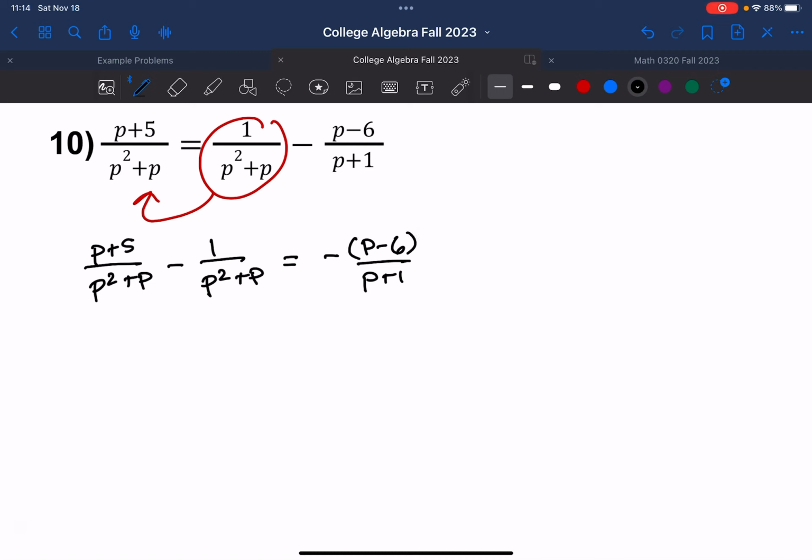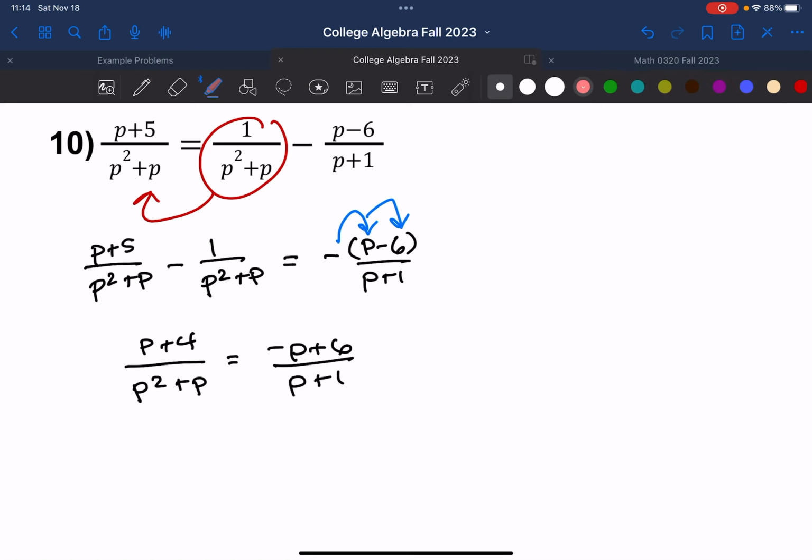Since we now have the two fractions with the common denominator, I'm going to go ahead and combine them. So this is p plus 5 minus 1. So that's p plus 4 over p squared plus p is equal to, and I'm going to go ahead and distribute that negative in so there's no confusion later on. So I have negative p plus 6 over p plus 1. Okay, I'm going to cross multiply.